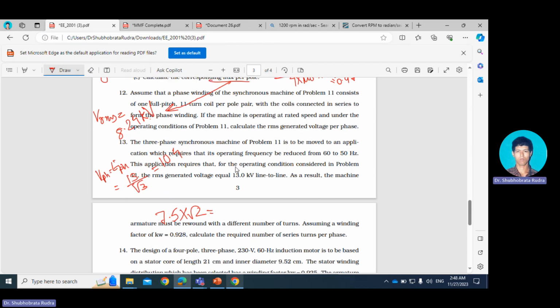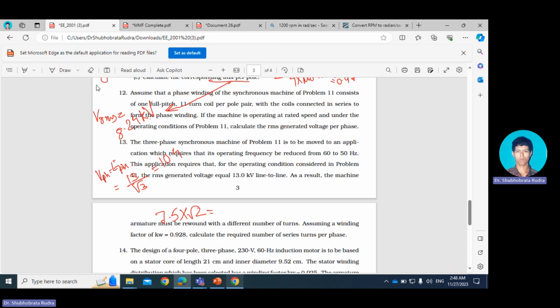Okay. Now here in problem number 13, all these problems I have taken from the classic book of Fitzgerald. Here, what it is saying is that we have our synchronous machine problem 11, and the application frequency is reduced. Now, what do we need?